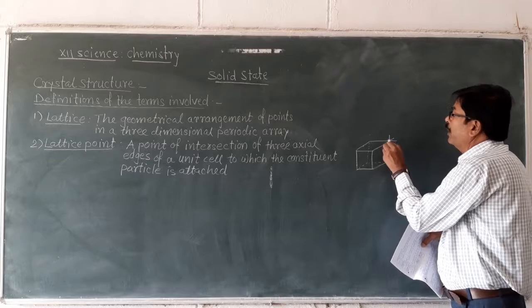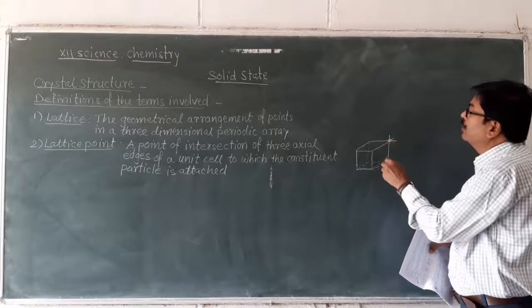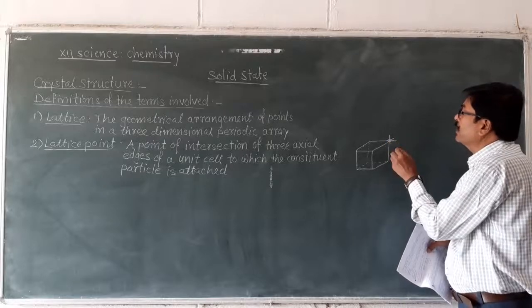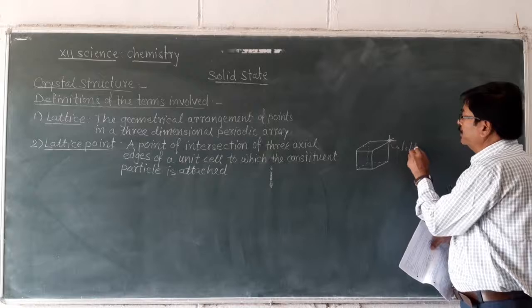The point where all these three edges of the unit cell intersect each other is called lattice point.